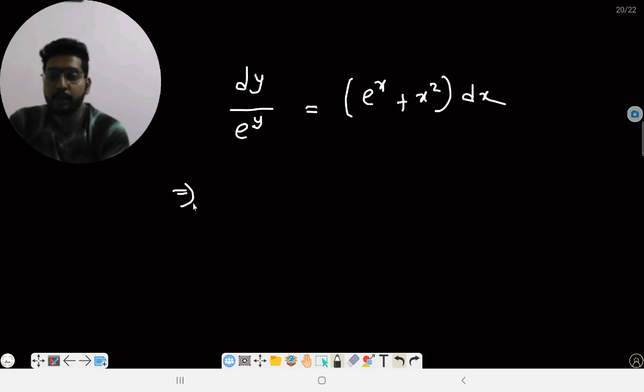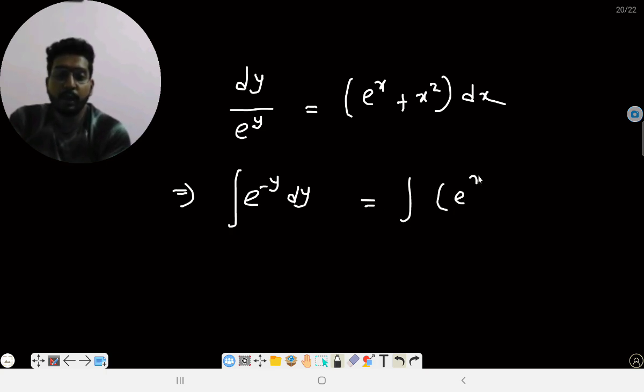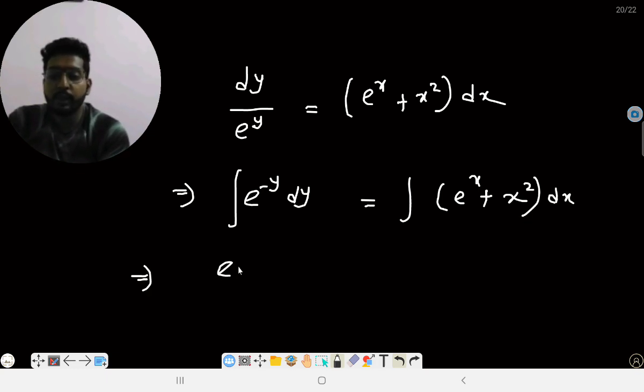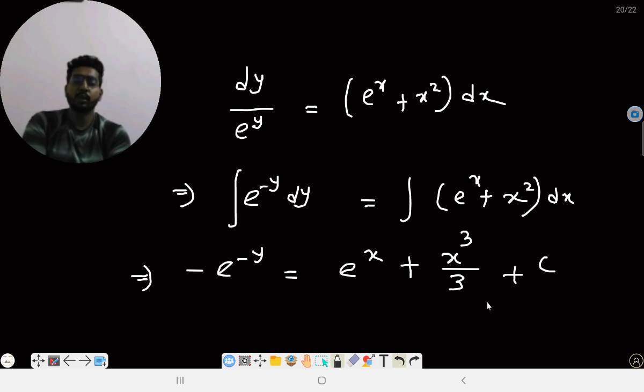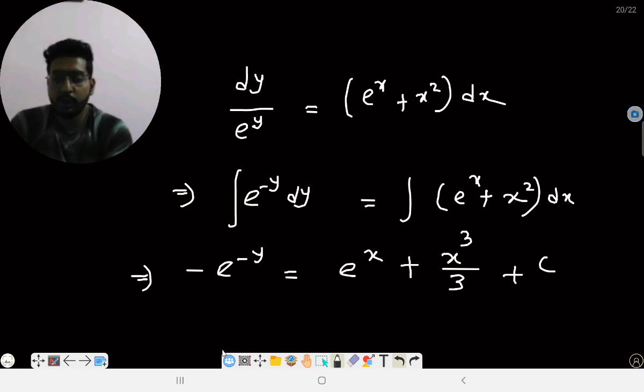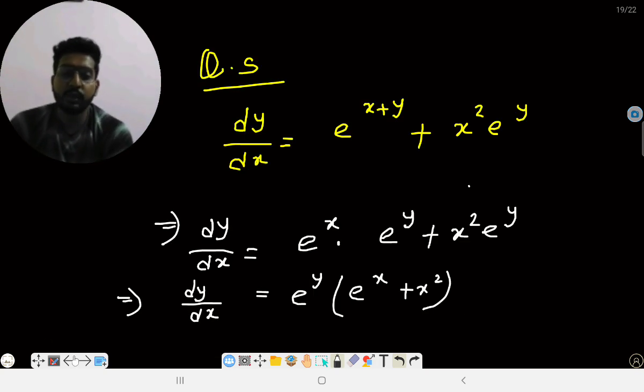So that will become e to the power minus y dy integration equals the integration of e to the power x plus x square dx. So the integration of e to the power minus y is minus e to the power minus y, and here it will be e to the power x plus x cube by 3 plus c. Now c is an integrating constant. That one was very easy, we just have to do that separation.